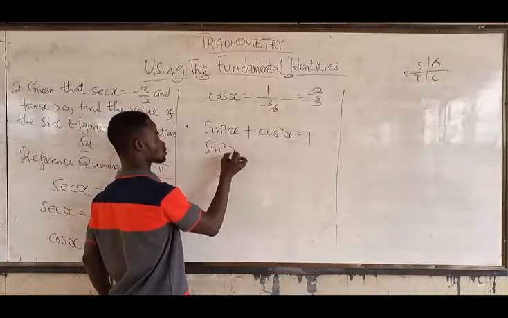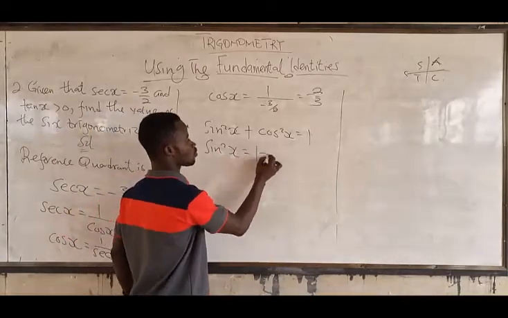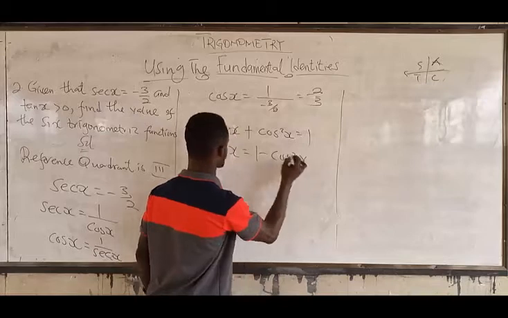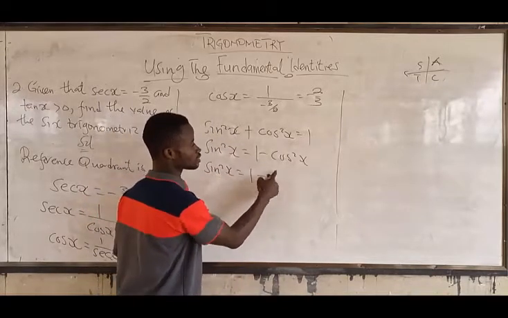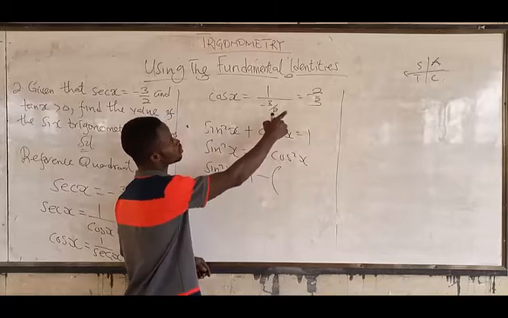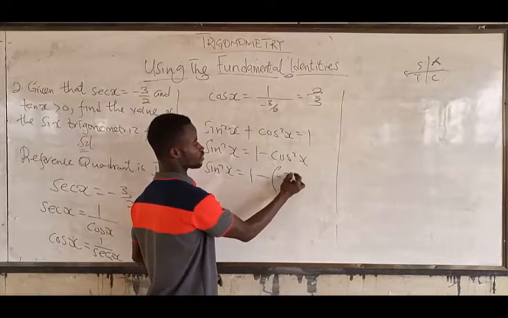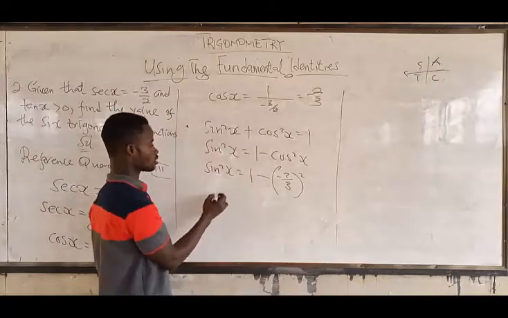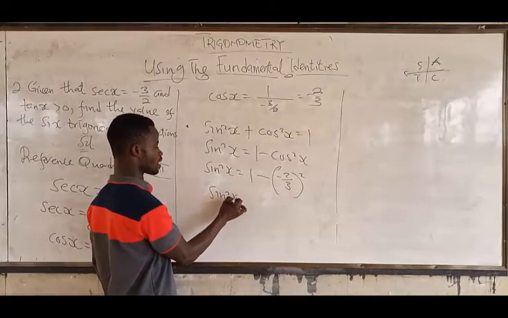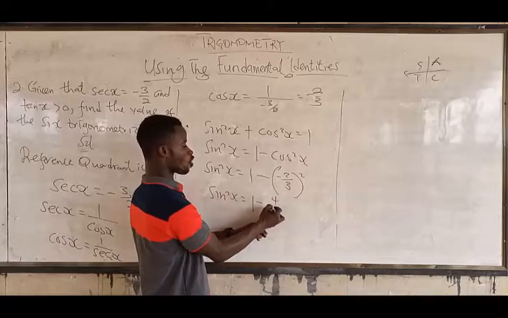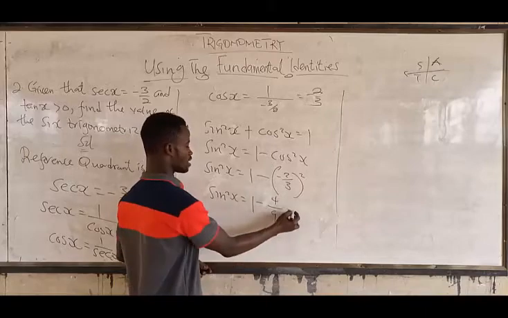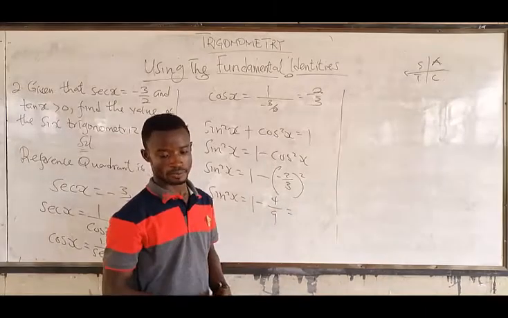So sin squared x is equal to 1 minus cos squared x. What is cos? That is negative 2 over 3, all squared. So sin squared x is equal to 1 minus 4 over 9.